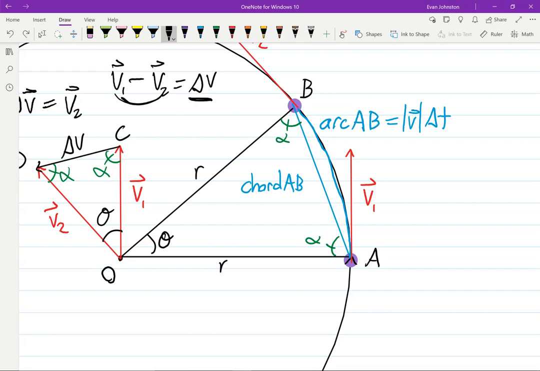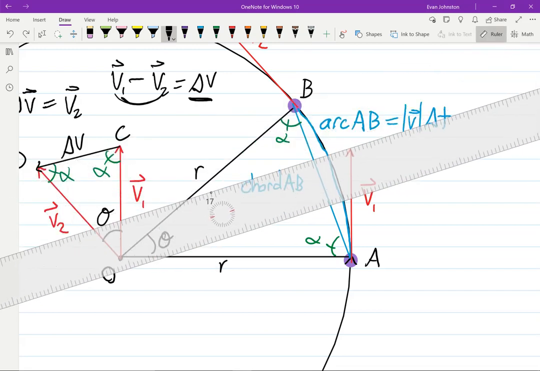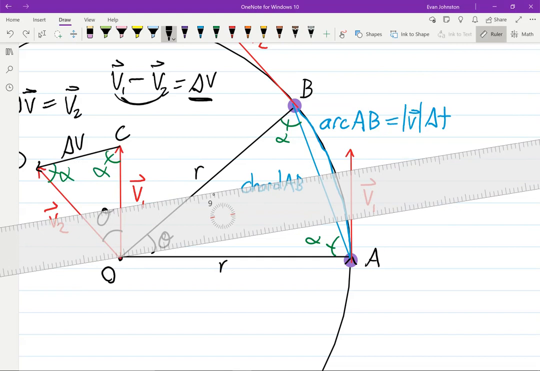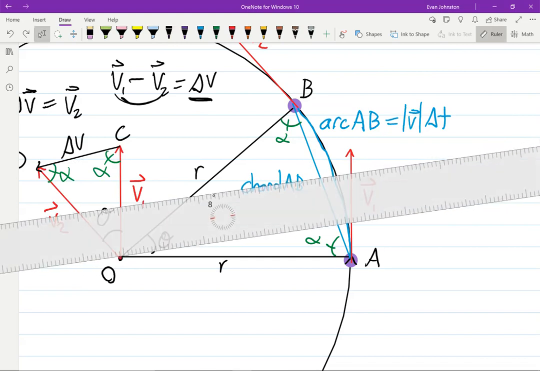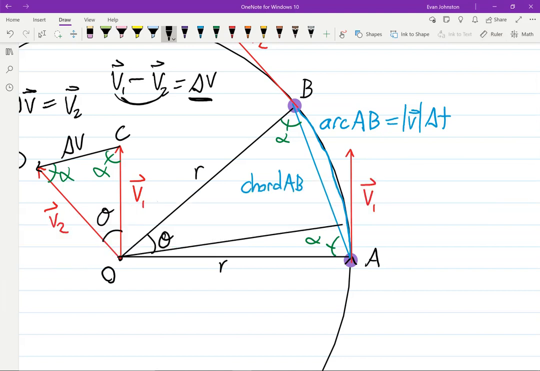As it comes farther and farther down, and we can even sketch one in to see here, it would probably be around here really, we can see that the two different parts in blue, this little segment of my arc AB and this little segment of my chord AB, look really close in length.